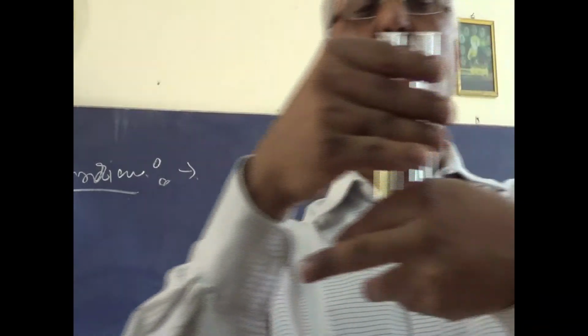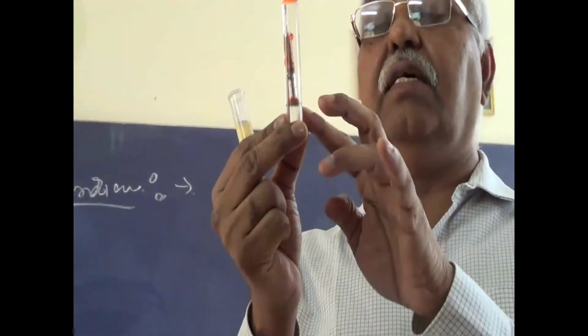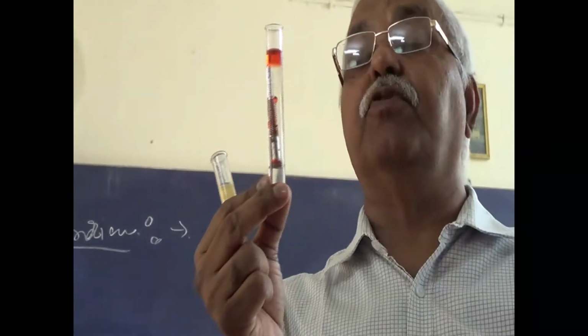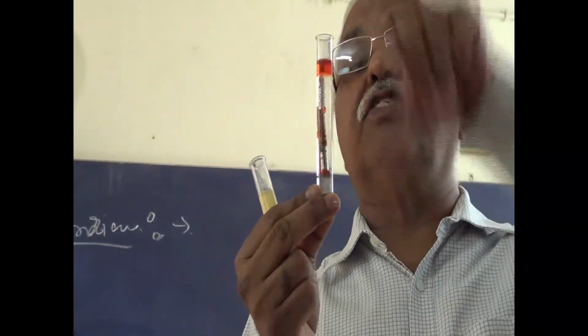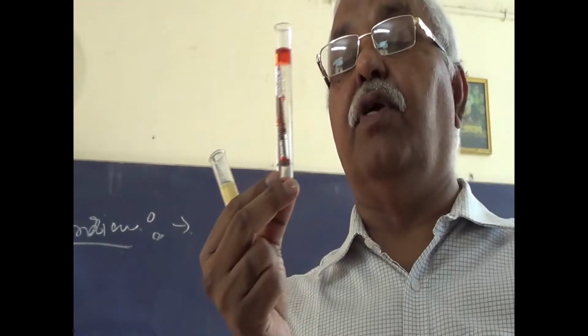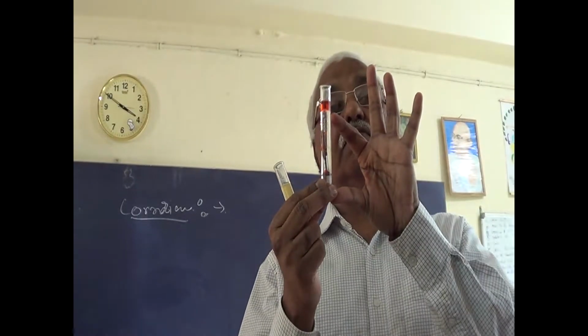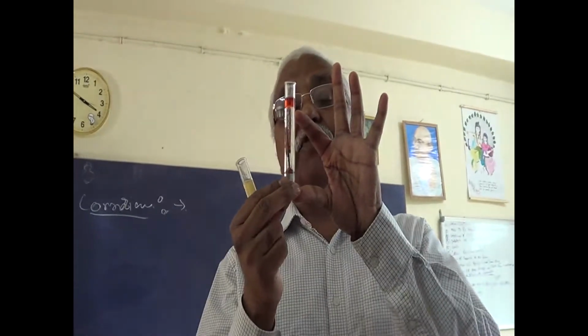Now we are left with two. Here also, water is there, and above the water I have put oil. So oil does not allow the oxygen to get into it. Therefore, the water will starve for oxygen.